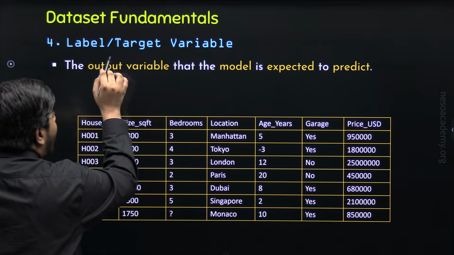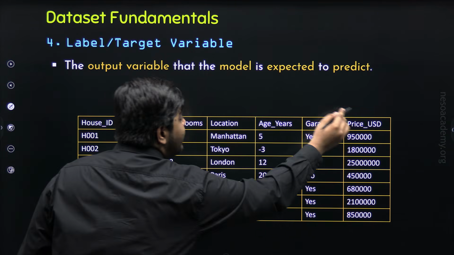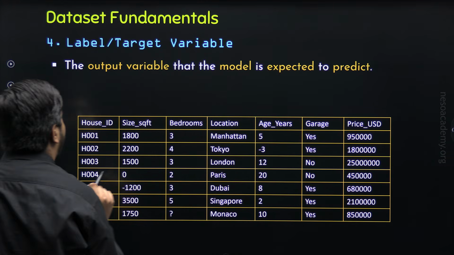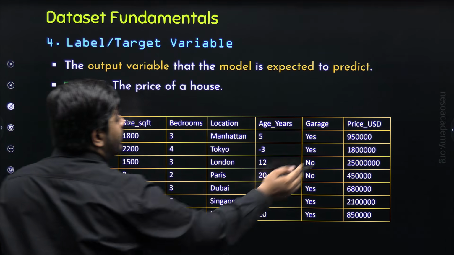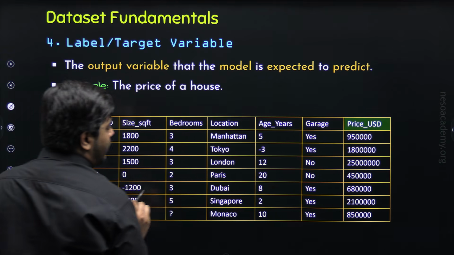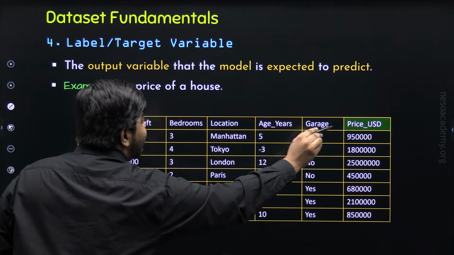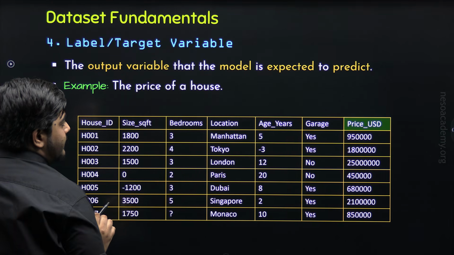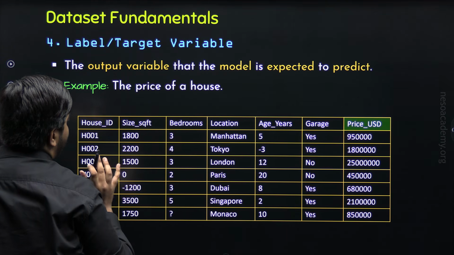That is the label or the target variable, because our model will predict the price of the house on the basis of these features of the house. For example, the price of the house, as we have just understood, in this particular dataset is the output variable. That is why price USD is the label or the target variable in this particular dataset. And in this way, we are done with the label or target variable as well.